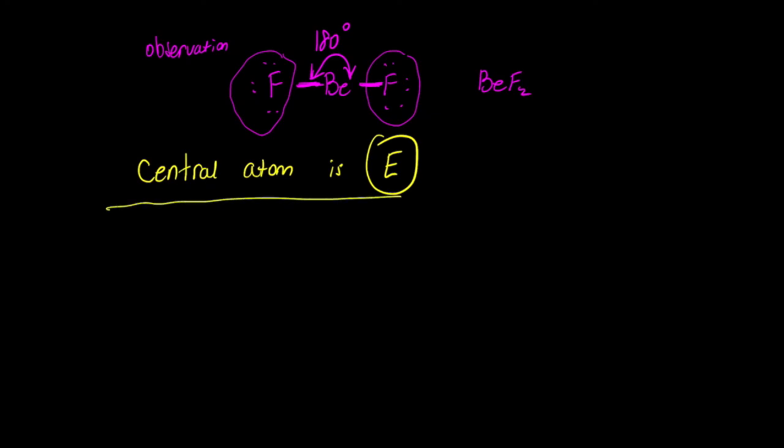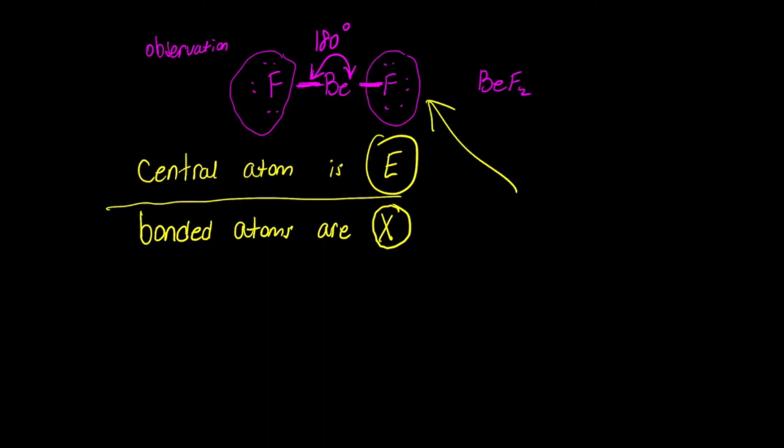But the central atom is called E. And then bonded atoms are X. Okay. And unshared electron pairs are just called dots in your book, I guess. Dots. I call them U. Your book is not the best here, but so this right here has the general form EX₂.